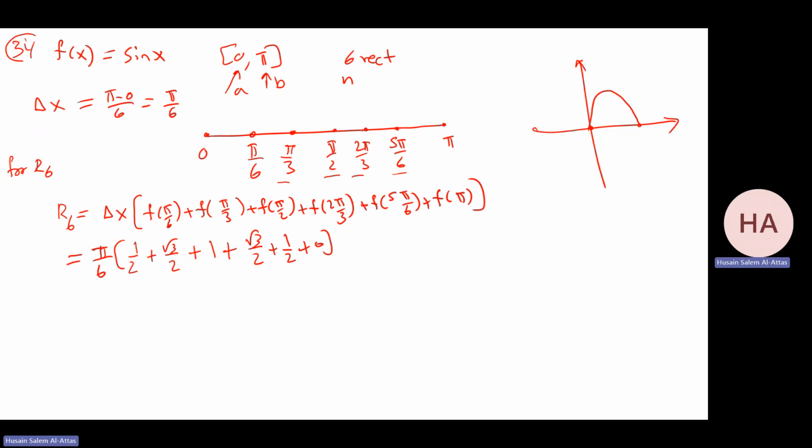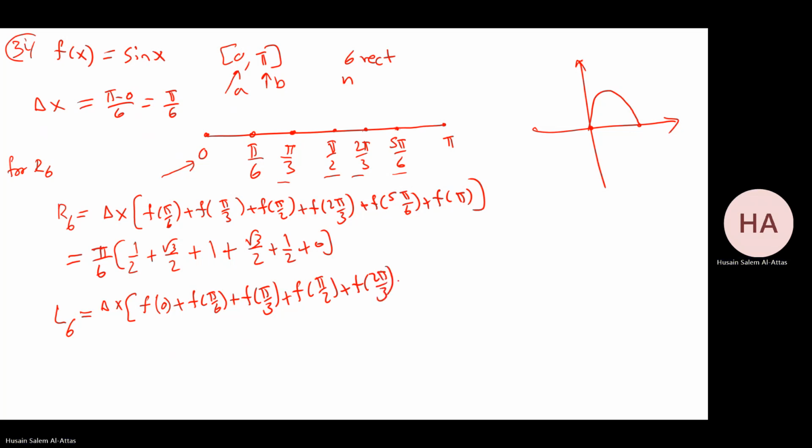Okay. If you do L6, that will be what? It will be delta x times f of the left endpoints now: f of 0 plus f of pi over 6 plus f of pi over 3 plus f of pi over 2 plus f of 2 pi over 3 plus f of 5 pi over 6.